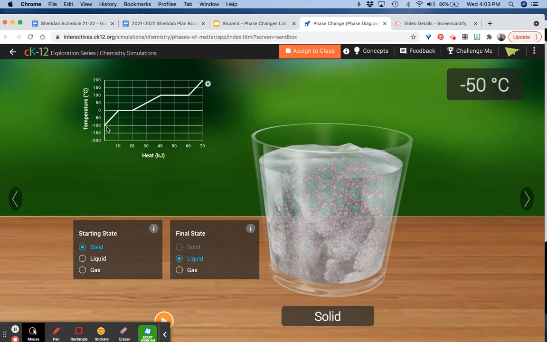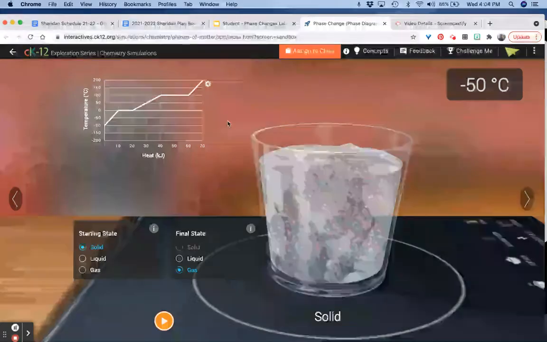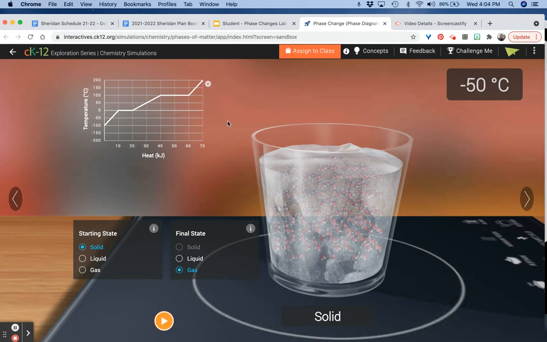And I'm calling this a heating curve because it starts in a solid phase and heat is being added. So starting state is solid. And I'm just going to change the final state to be gas. And then I will click play in a minute. This is a little different than Gizmo or the other PhET simulations we've done where you can reset in the middle of it. I don't see a reset button, so I'm just going to wait to press play.